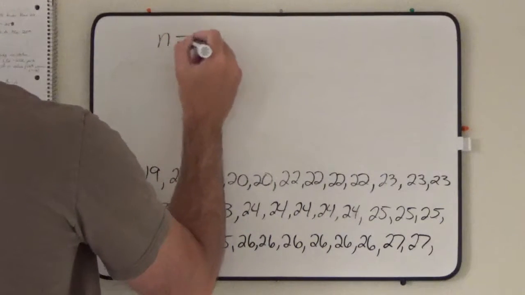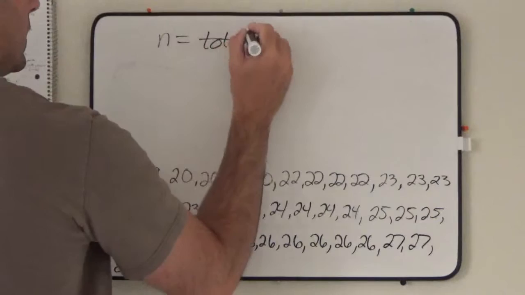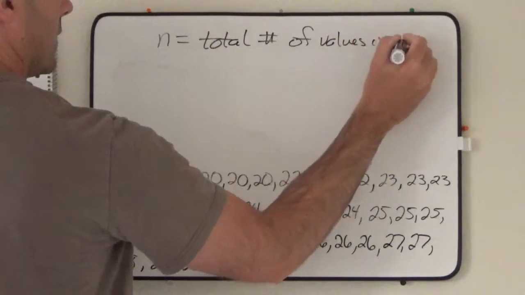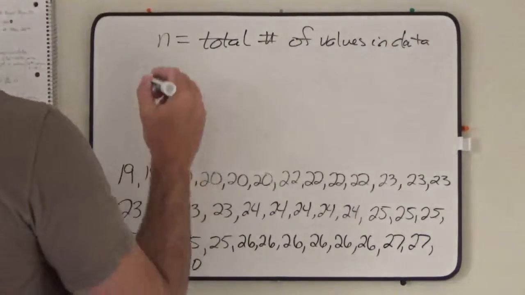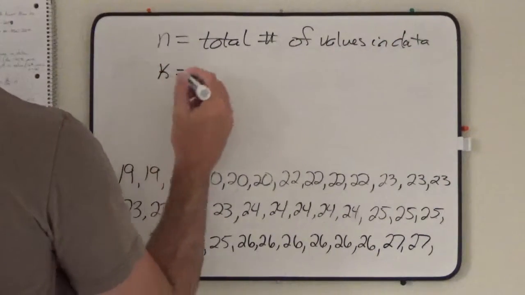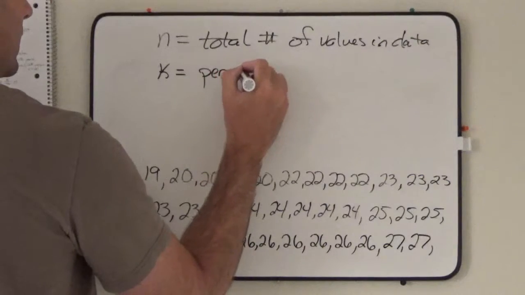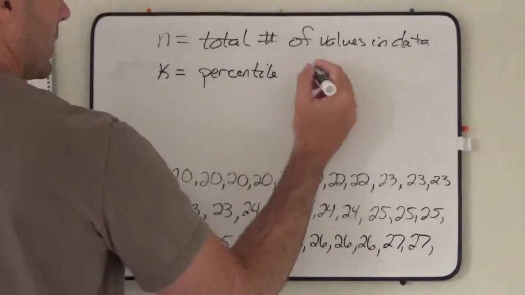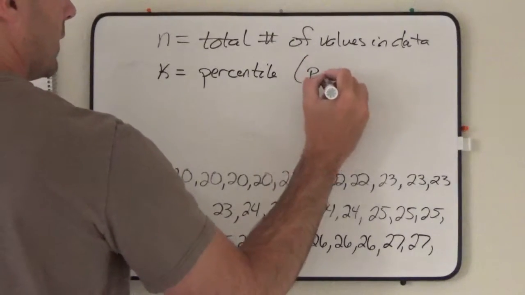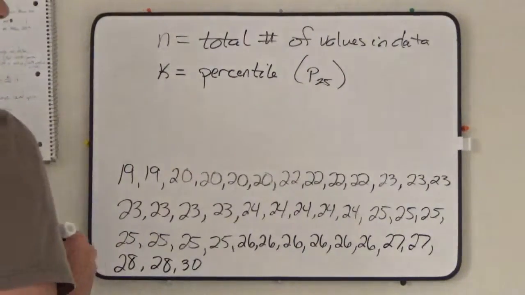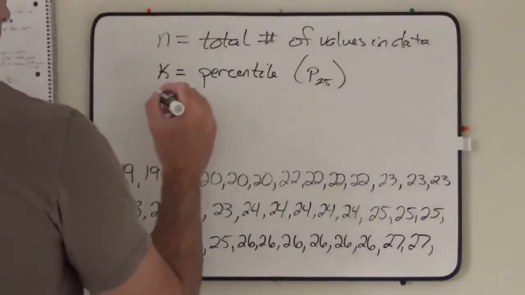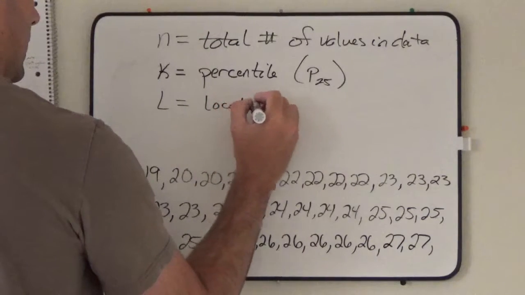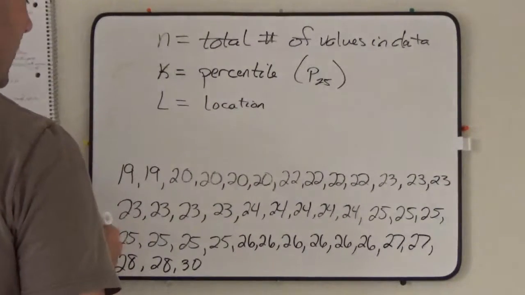All right, so here's some notations. We have n. This is the total number of values in the data. We have k. This is the percentile being used. So in other words, P25, that'd be the 25th percentile. Capital L, this is the location. The location of a value.